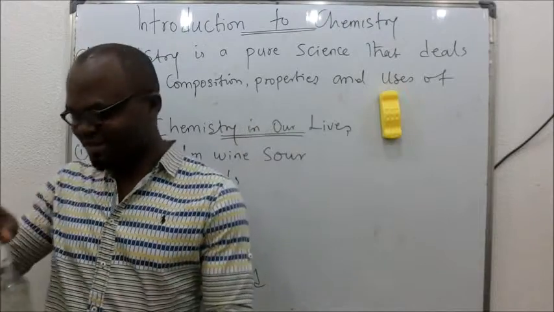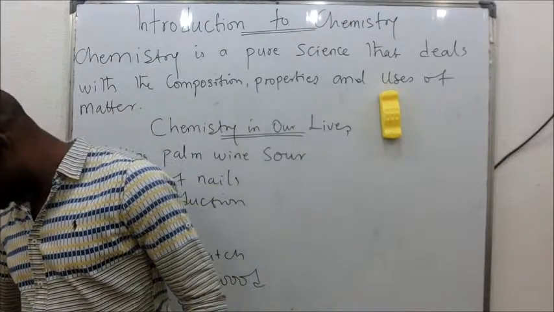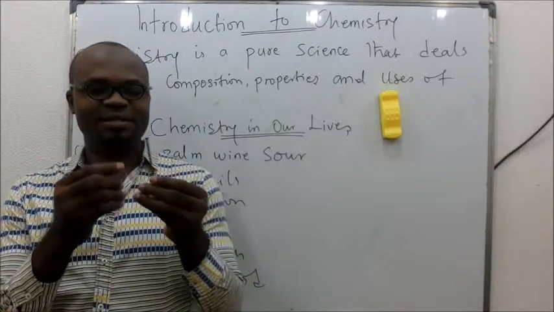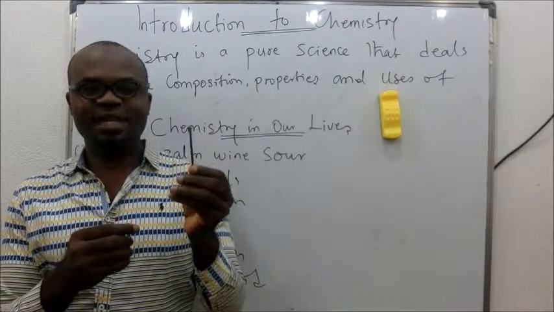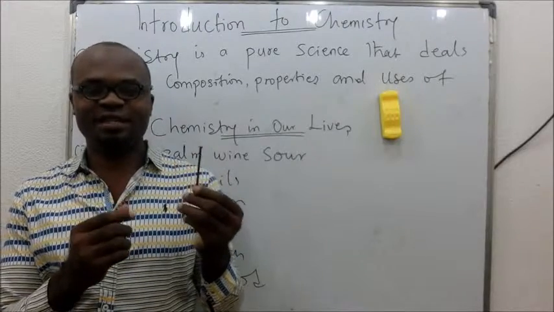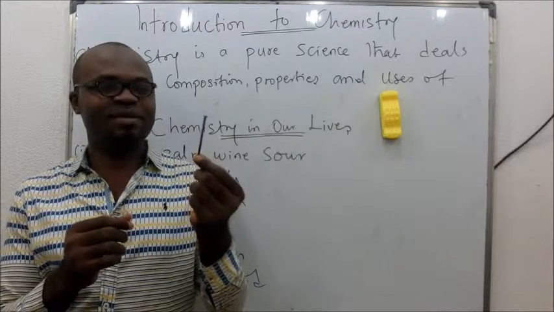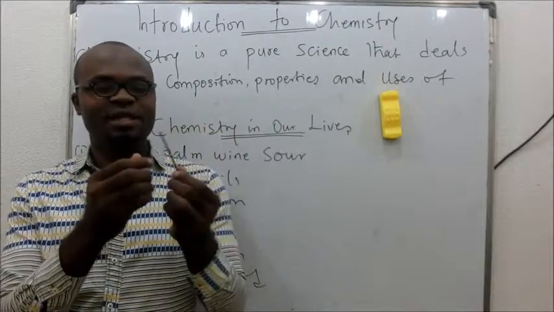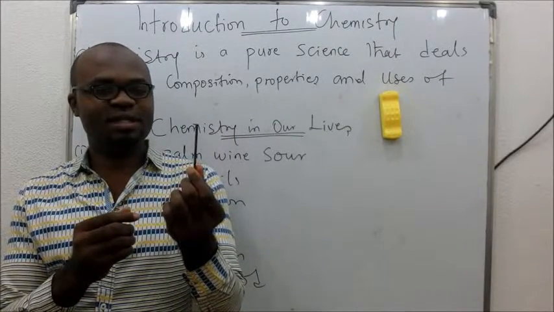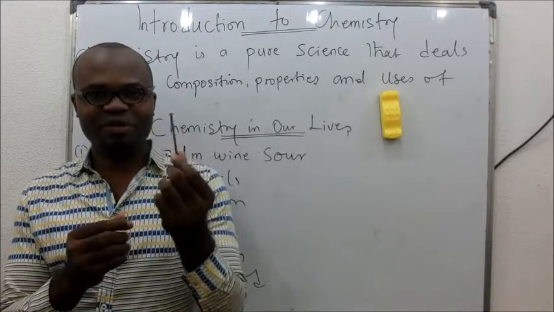Chemistry. You have a nail. A newly bought nail or a newly made nail is normally very shiny, but after some time, the nail gets rusted and looks exactly like this. What causes the rusting? Chemistry.